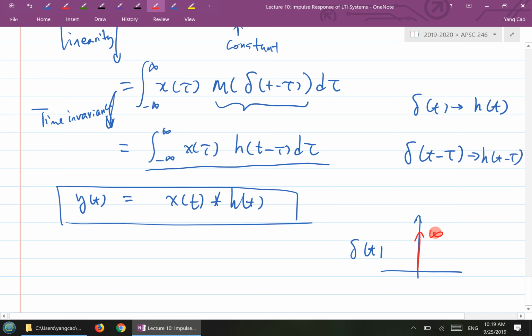So if I want to create an impulse input in reality, what examples can you think of? First of all, can you even create a thing like this in reality? Infinite? You can't, right? But can you create something similar to an impulse input? What would be an example?